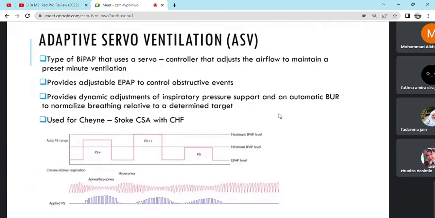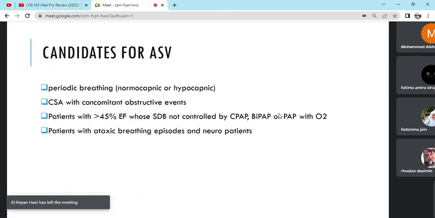While in your CSA, the problem lies in the brain control. So there is no effort coming from the patient because nothing triggers your breathing muscles to respond to such changes. That's the reason why they will benefit more if you add a backup rate, for you to normalize the breathing and achieve the needed target for your patients. Well, who are the candidates for your ASV?